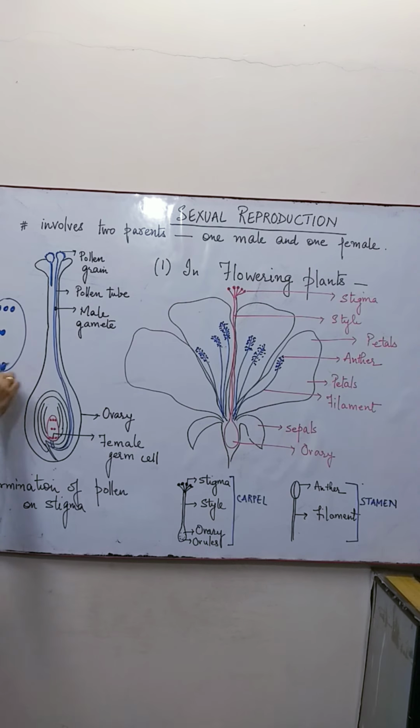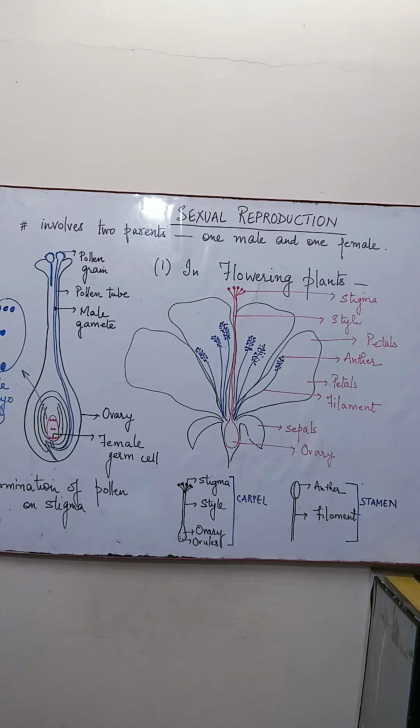This entire thing is known as the embryo sac. This embryo sac has the egg cell, that is the female gamete, and the germ cells will fuse, and therefore fertilization will be brought about. The diagram is somewhat like this.